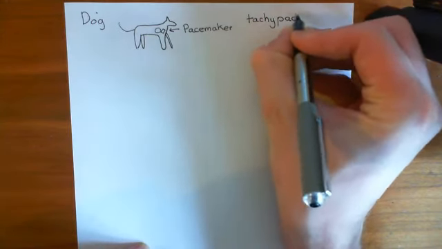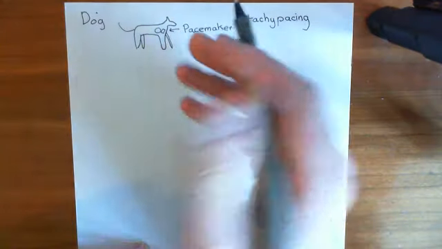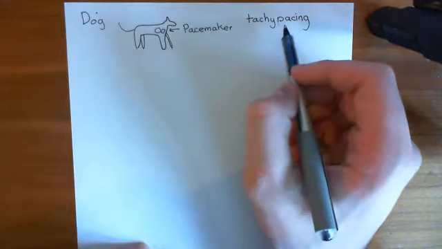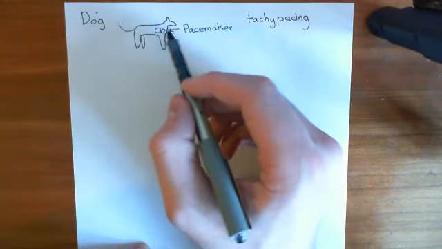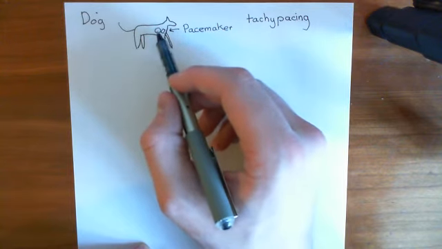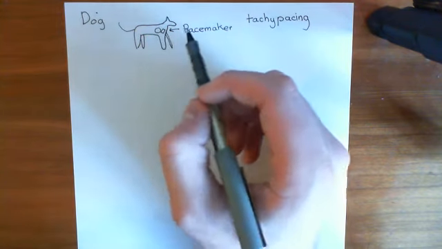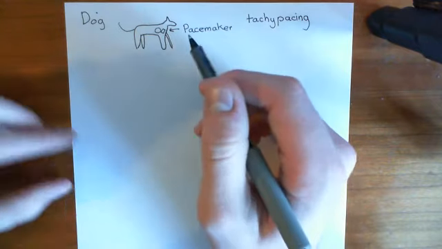Tachy means too fast, and pacing means the pacemaker is going to fire off action potentials far too fast. So it's going to induce electrical activity in the heart at a much too fast frequency. So this heart is going to be beating at this massively increased frequency. We're giving our dog effectively a tachyarrhythmia or a tachydysrhythmia.